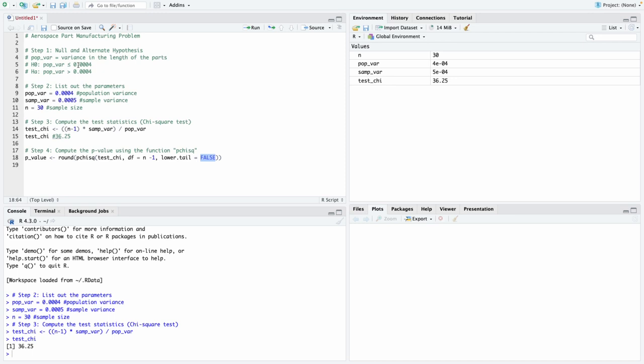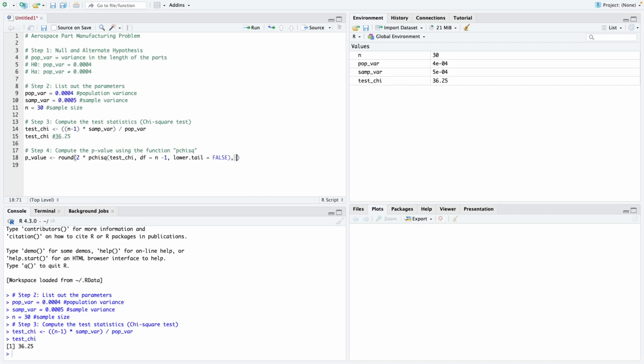Now, if this was two-tailed, meaning that you had this and this, all you would do is multiply this whole thing by 2.